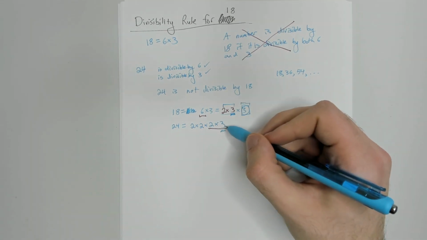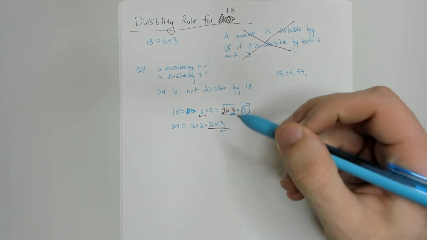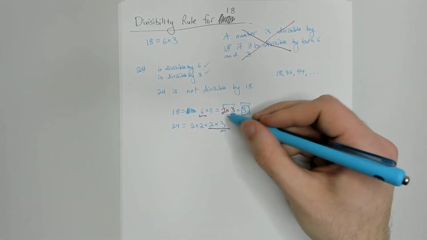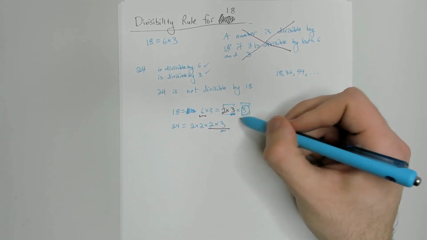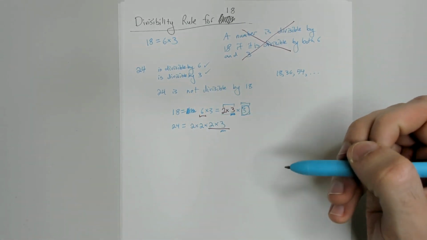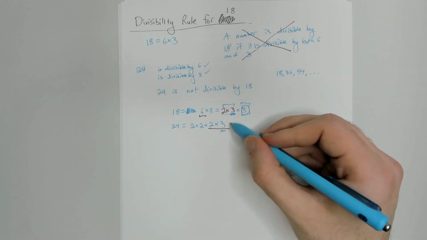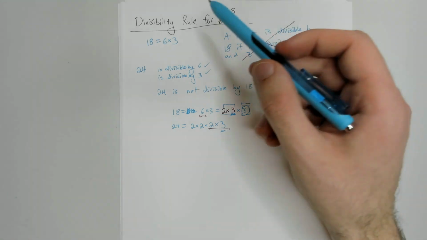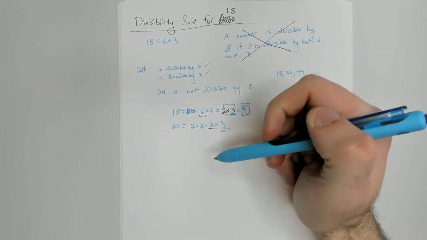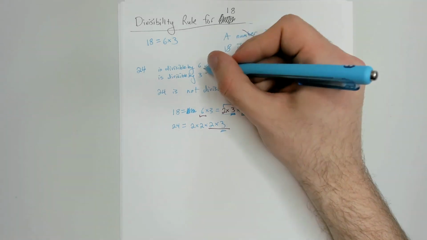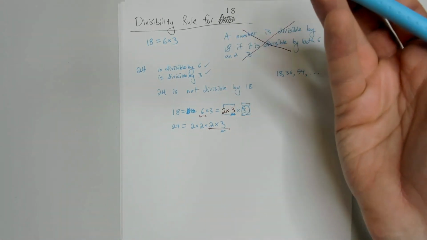The 3 here that makes up the factor of 6 for 24 is the same 3 that makes up the factor of 3 for 24. There's not multiple 3's here, so we see that 18 is not going to be something we can make in the prime factorization of 24. There's not a second 3 here. The problem of choosing this divisibility rule of saying it has to be divisible by 6 and by 3 is that 3 is a factor of 6. 3 and 6, they share a common factor of 3.